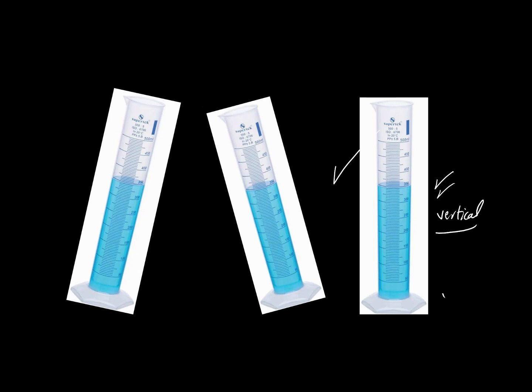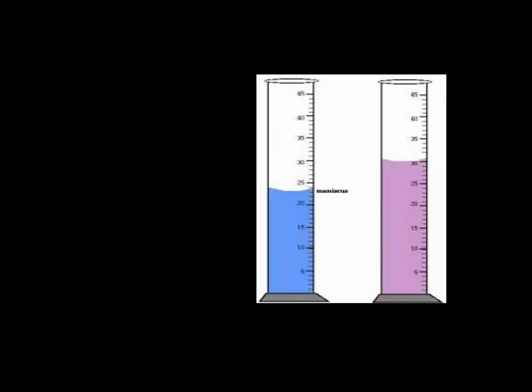What else? When we want to measure the volume of the liquid, what to do here is to look at the meniscus. What is the meniscus? The meniscus is the curved surface of the liquid.